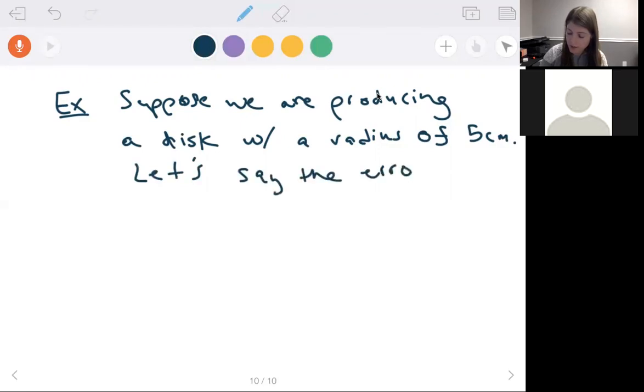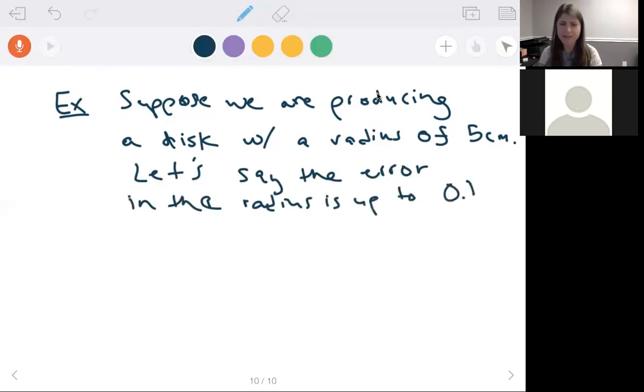So I'm going to write that as, let's say the error in the radius is up to 0.1. Oh, and I said centimeters to start. Let's do 0.1 centimeters. Or we could say like 1 millimeter, but let's kind of keep it in centimeters so we don't have to change our units back and forth.